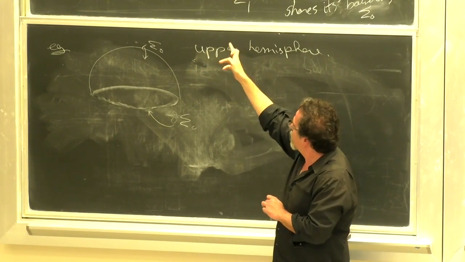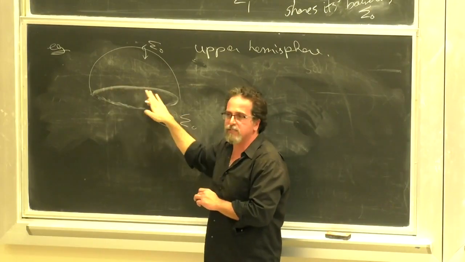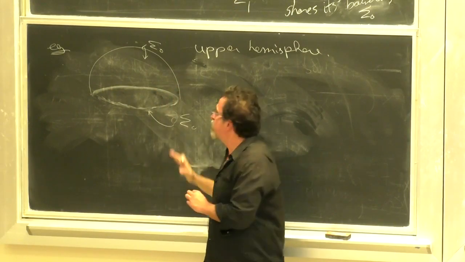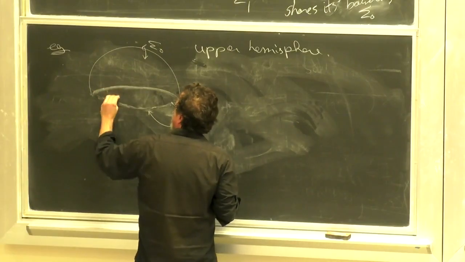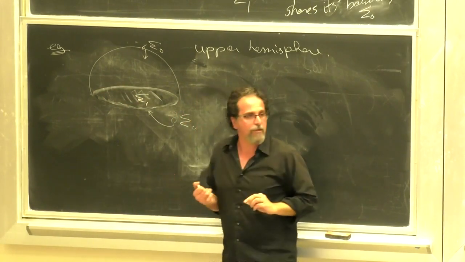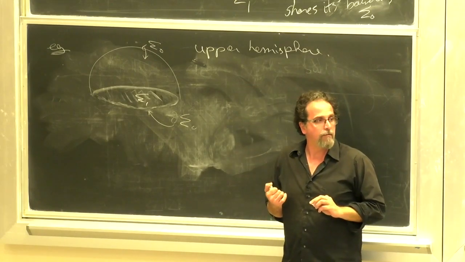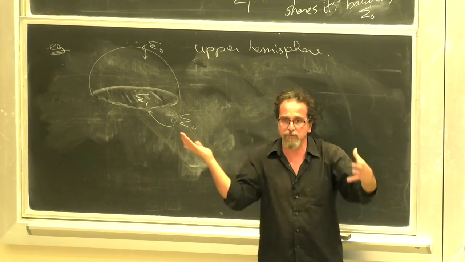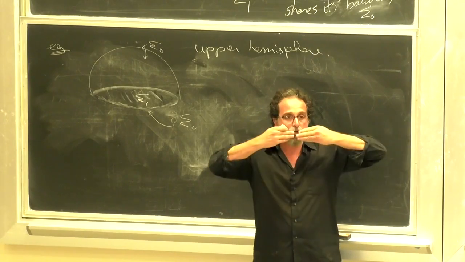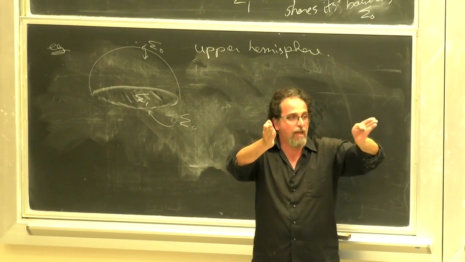Well, this disk down here shares the same boundary as sigma 0. So this disk down here, sigma 1, has the same boundary. This is the disk. So you just take an upper hemisphere and you take that disk at the bottom. They have the same boundary. In other words, you can deform the disk into the hemisphere.